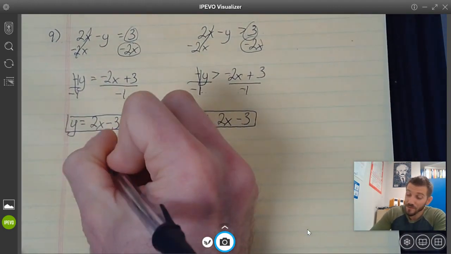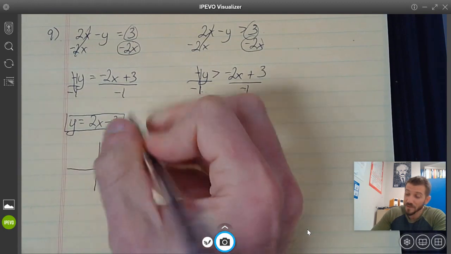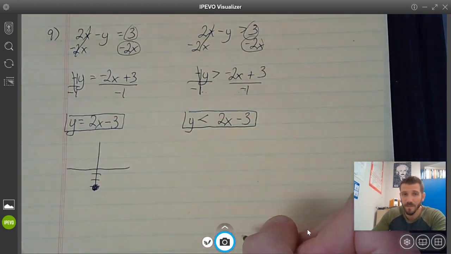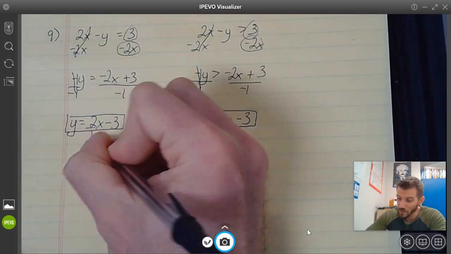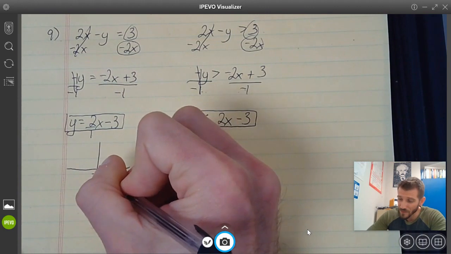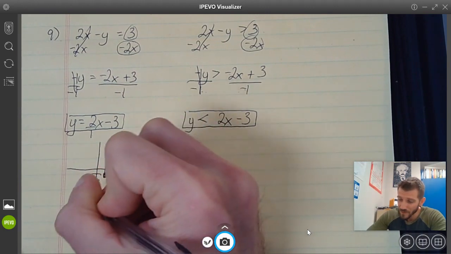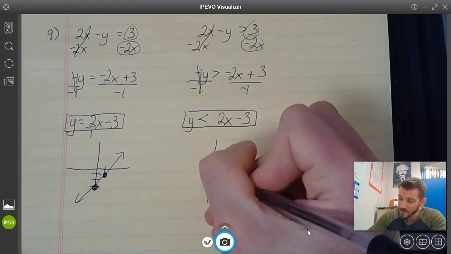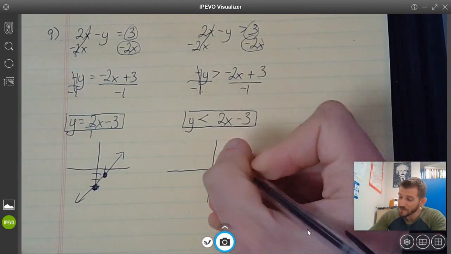So graphing it really quickly. Starts at negative 3. 1, 2, 3. There's my point. My slope is 2 over 1, so rise 2, run 1, rise 2, run 1, and it's an equal sign, and we're done. Same thing on this graph. Same points.